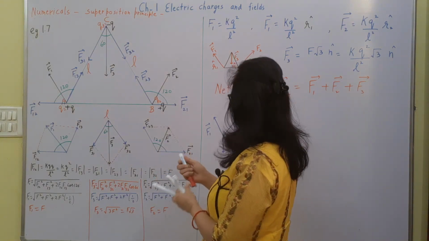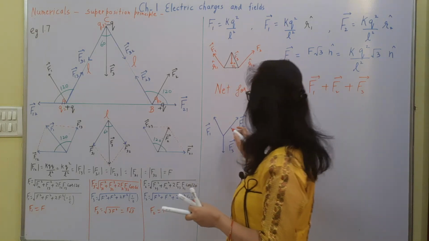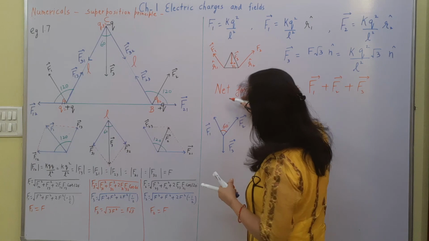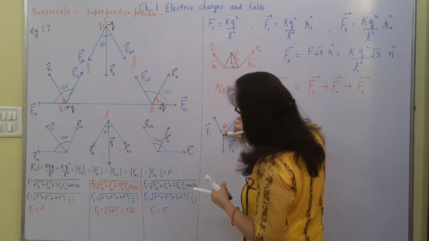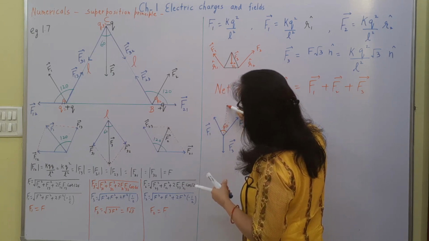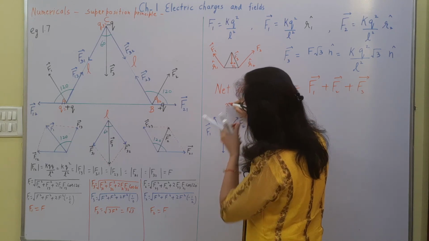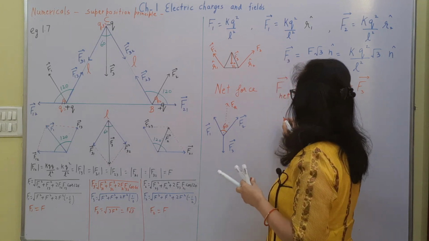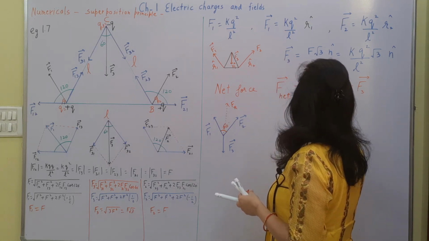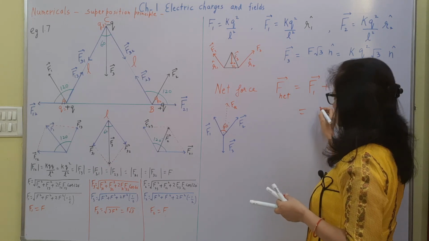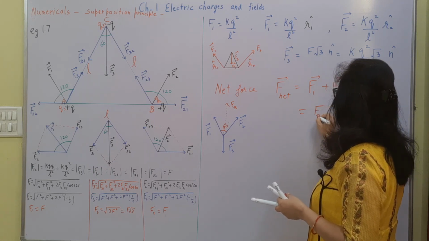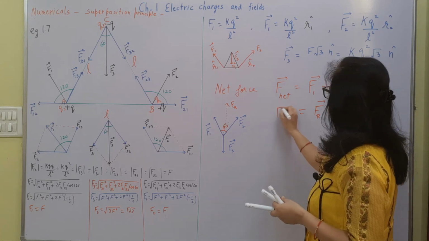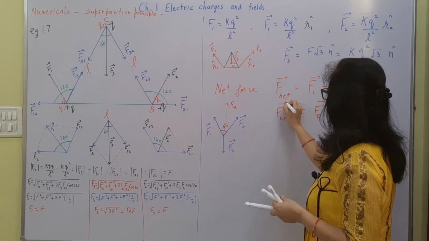The angle between these two can be geometrically shown to be 60 degree, and their resultants can be calculated. Resultant of F1 and F2 can be calculated using parallelogram law. So total F net is F1 plus F2 plus F3 vectors. Then we can write it like this: Fr vector plus F3 vector. This is F net vector.